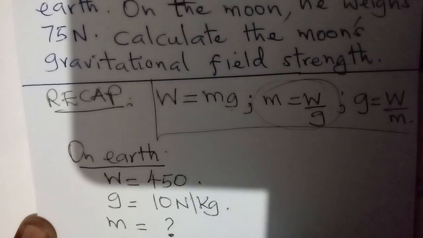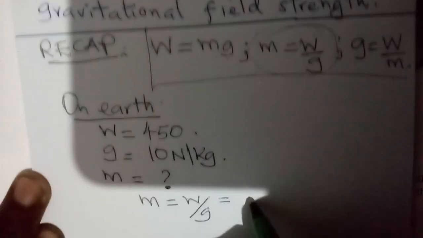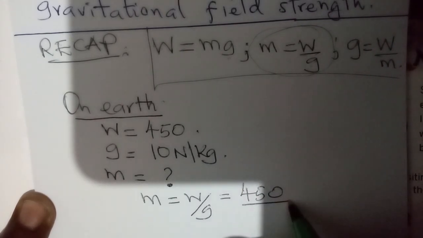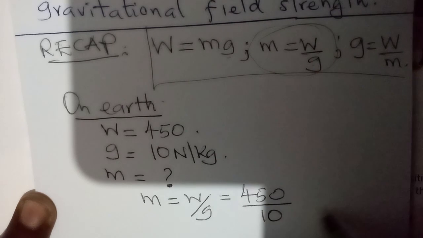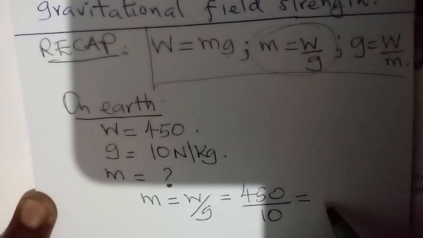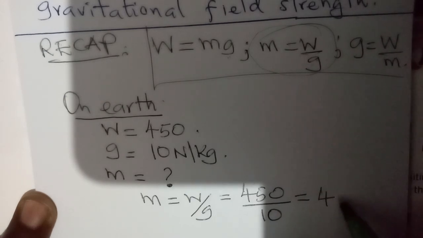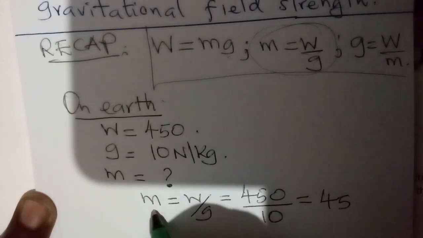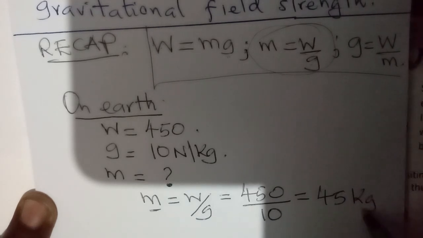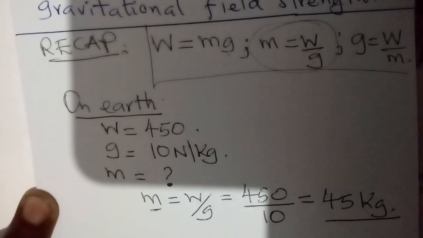So the weight is 450 over g, which is 10. So 450 over 10 is 45, and it is the mass. So the SI unit of mass is kilogram.